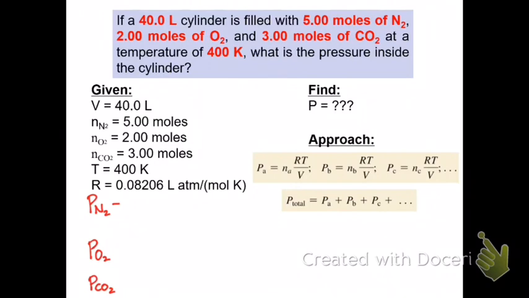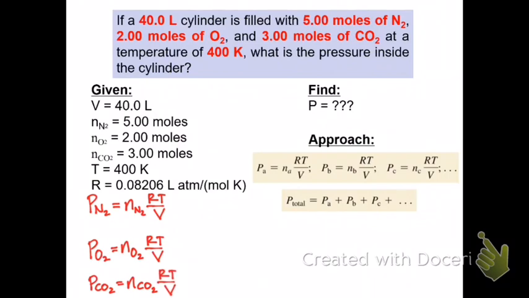For nitrogen gas, that would be the number of moles of nitrogen gas times RT divided by V. We can do the same thing for oxygen gas: number of moles of oxygen gas times RT divided by V. And the number of moles of carbon dioxide gas times RT divided by V.